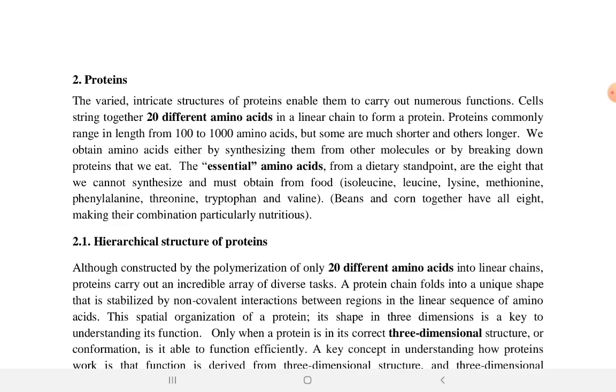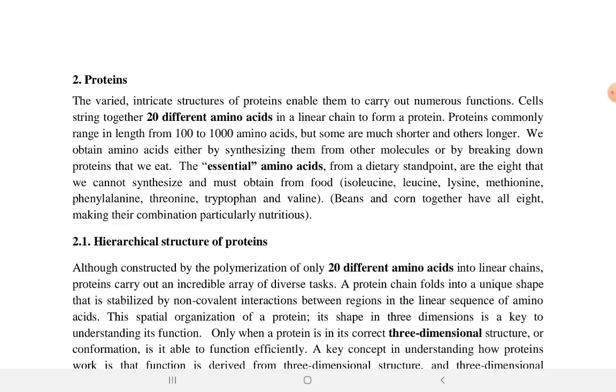Here we find what we call essential amino acids, and beans and corn together make their combination particularly nutritious.